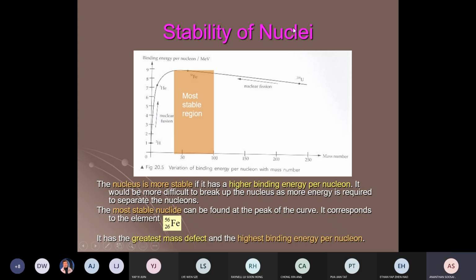Okay, guys, any questions about this fact? It is actually a fact discovered through experiment. The most stable nucleus is iron, because it has the highest binding energy per nucleon.